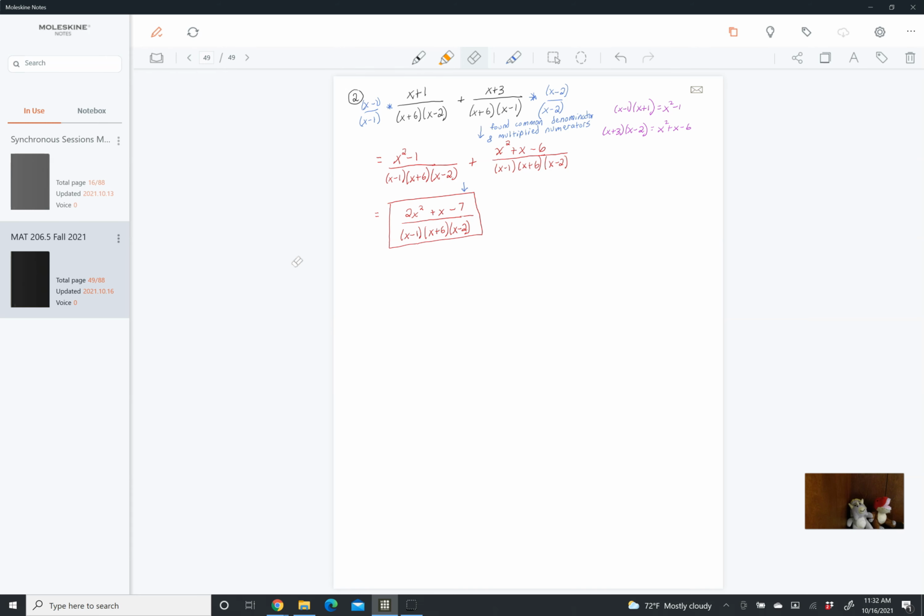From here to here, we added the numerators. Notice I never multiplied the denominators. You don't have to. And then this is not factorable, I'll add in the numerator, so we can't reduce.